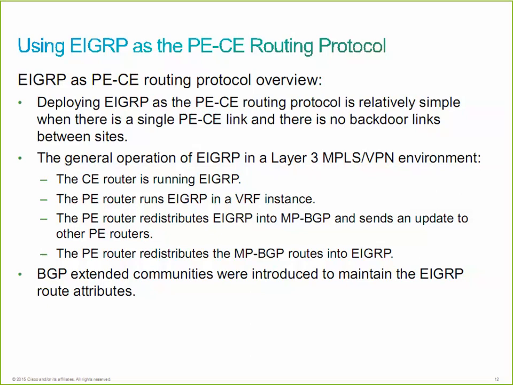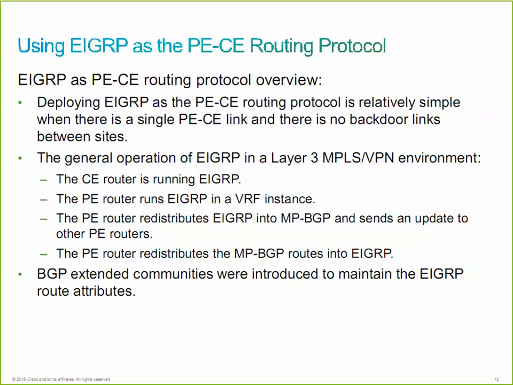That also means, though, that some of the information gets lost during that redistribution process. And that situation can cause some problems when we have what we call backdoor links between sites. And we're going to see a visual representation of this in a little bit here.